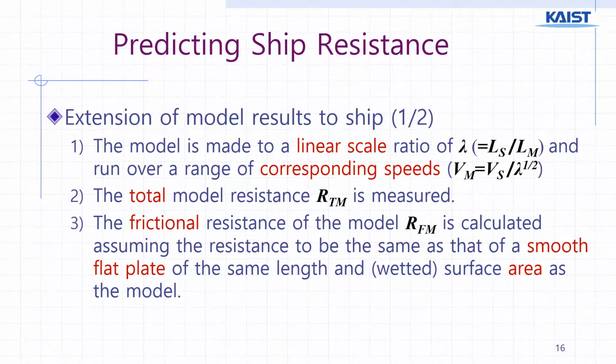See that the surface area of the ship, and here they are saying the wetted surface area of the scaled down model is the same as the frictional resistance of a flat plate, but that should have the same area, the same length, and also the same Reynolds number. So by testing the flat plate of this condition, you can calculate the frictional resistance coefficient.